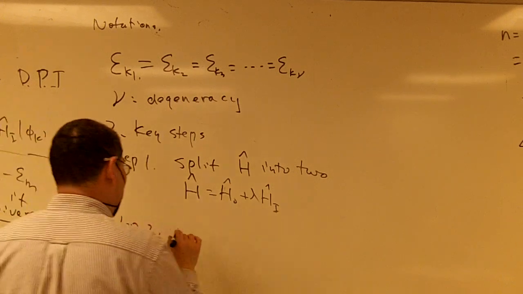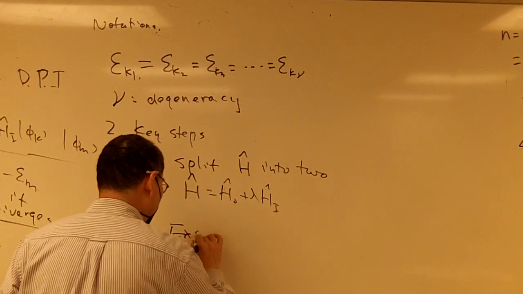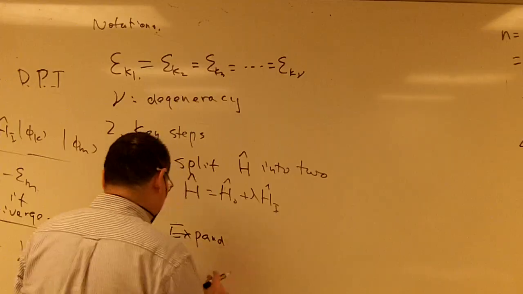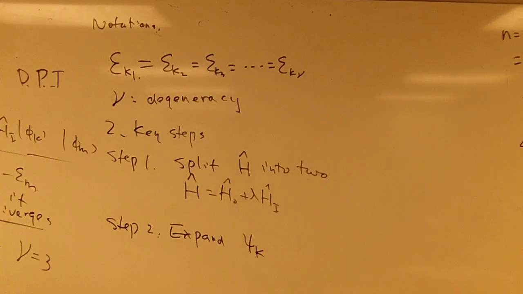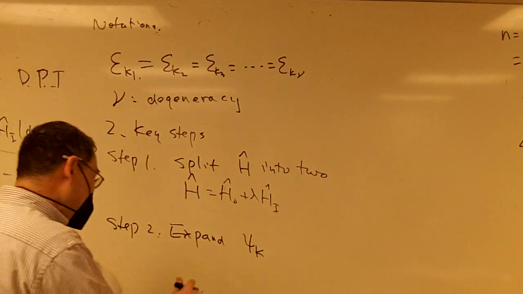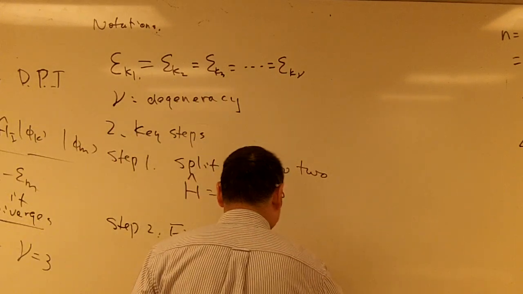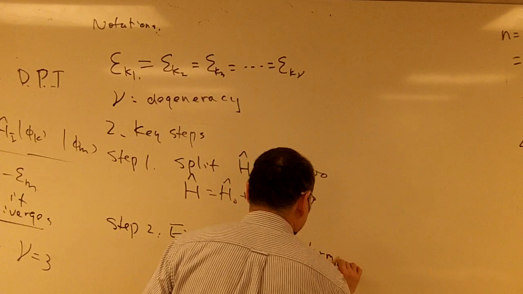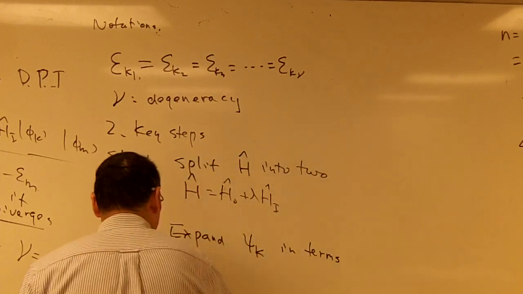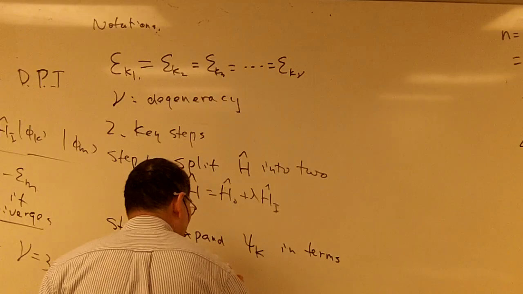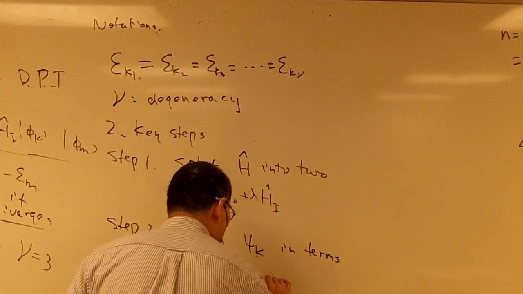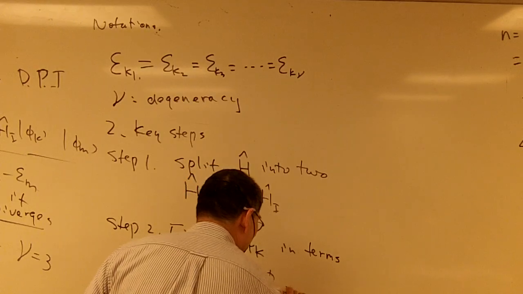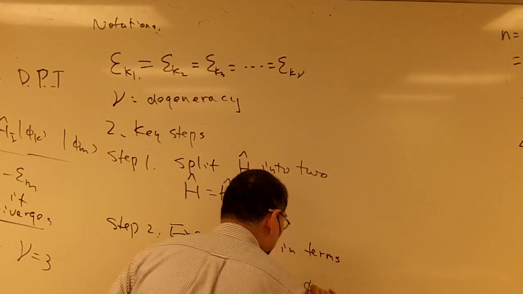The second step, we will expand the wave function. So this is the original, assuming correct wave function, you're going to have in terms of, now watch carefully, phi k1, phi k2, phi k3, all the way to phi k mu.